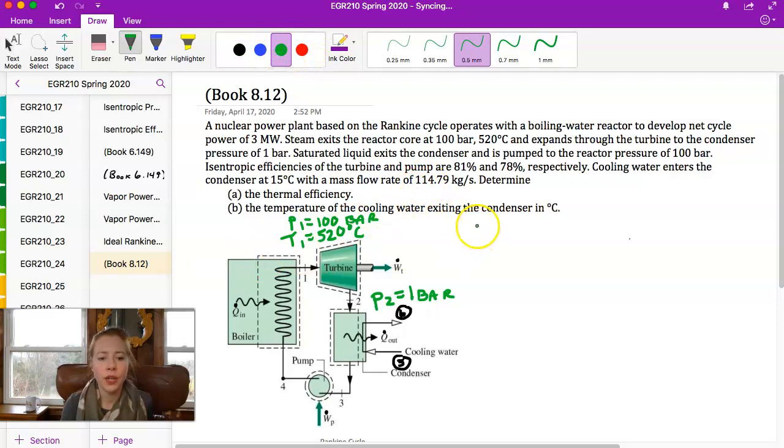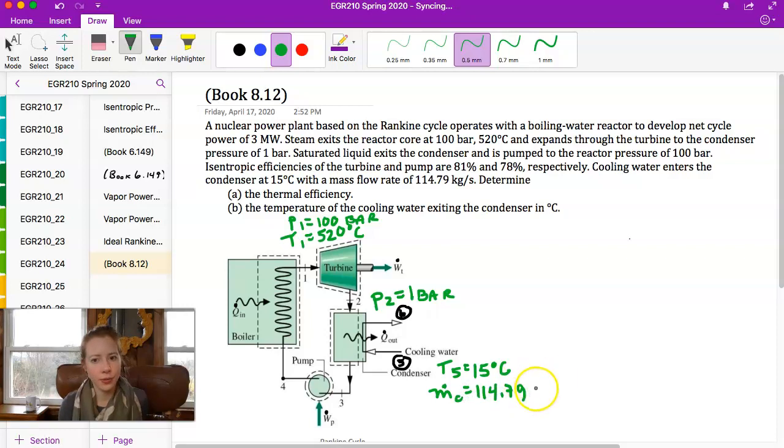So we're using cooling water, and T5 is going to be 15 degrees Celsius. The mass flow of our cooling water is 114.79 kilograms per second. Then P3 is going to equal P2, which is going to be 1 bar.